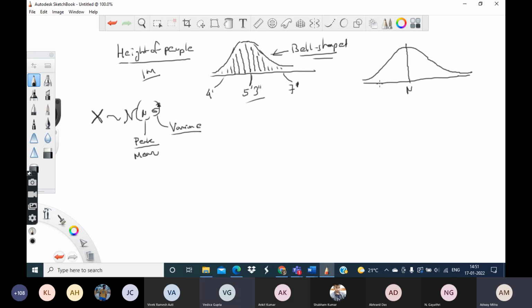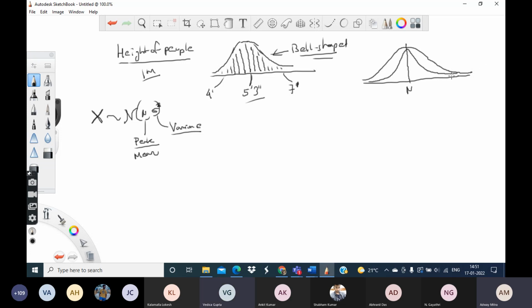I'm not saying that this width is equal to sigma, that's not the case, but it is related to sigma. But if sigma is smaller than this, then we'll understand that its range is shorter.